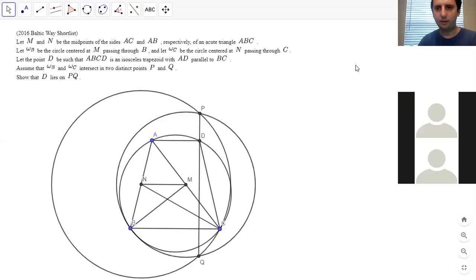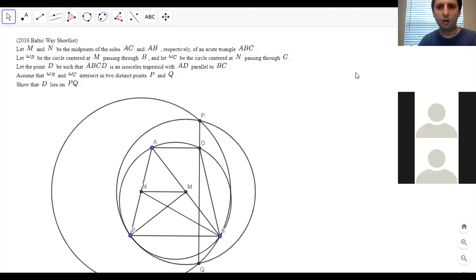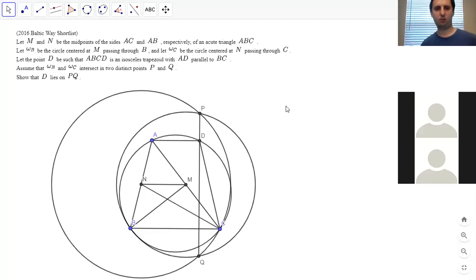Okay, MD squared. Yeah, because MD is the median line of ADC, we can calculate MD through AD, DC, and AC. And BM is the median of ABC, so we can calculate it by using that formula that I wrote.